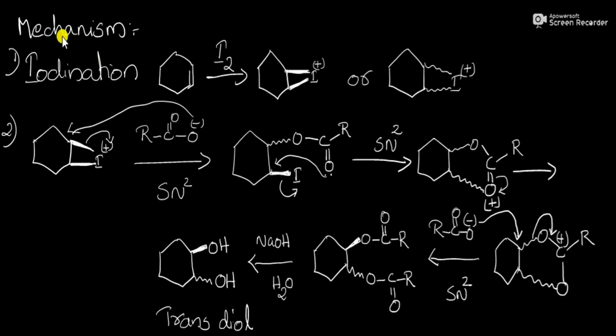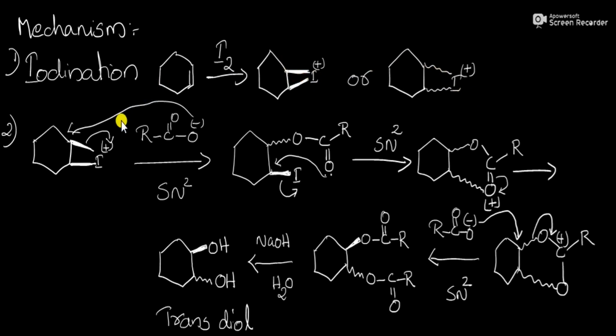What is the mechanism of Prevost oxidation? First step is iodination with the alkene. Alkene reacts with the iodine to form iodonium ion. That is a three-membered cyclic cation. It can form either upper phase or lower phase. This is our iodonium ion.